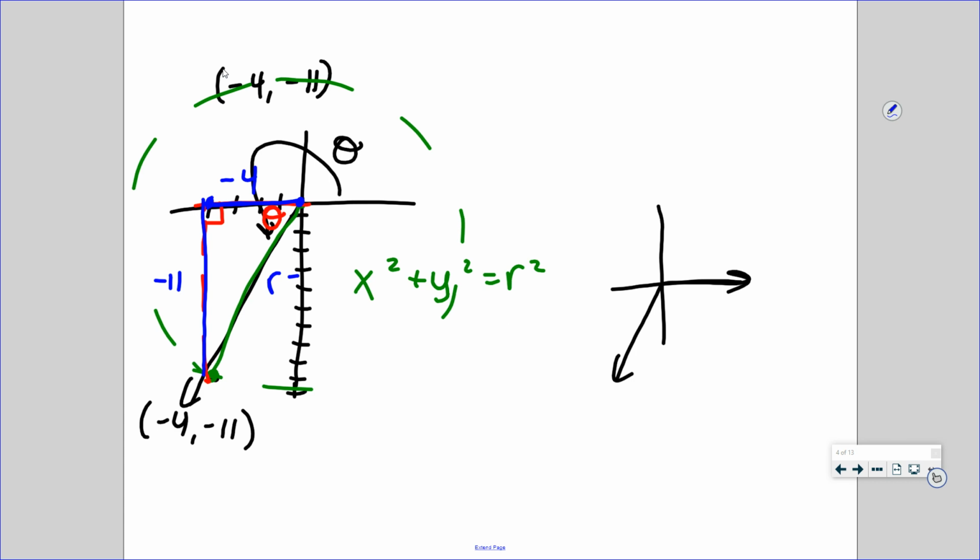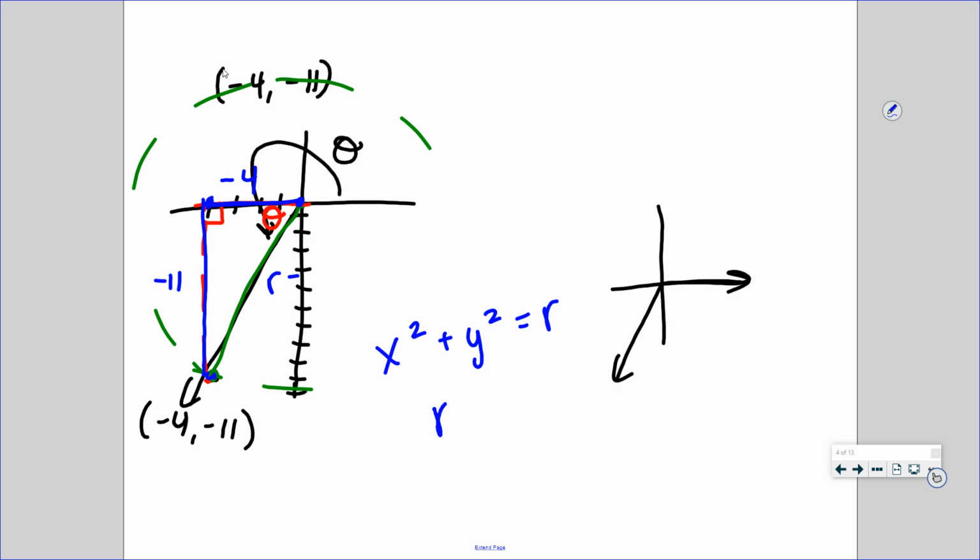The other way to do it, and I don't want to confuse you, this is the way your textbook does it too. I just don't love that you don't know what a reference angle is yet, but you will soon. The other way to do it is to find the equation of this circle, which is x squared plus y squared equals the radius squared, which is the same thing as the Pythag.